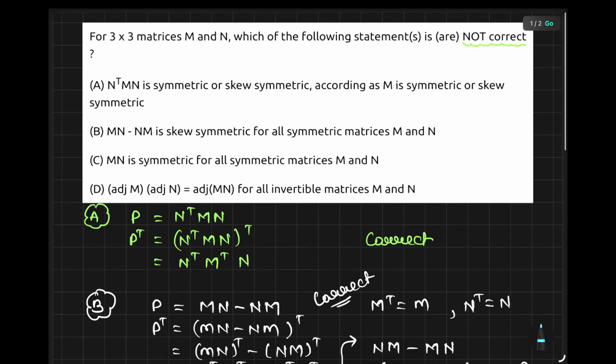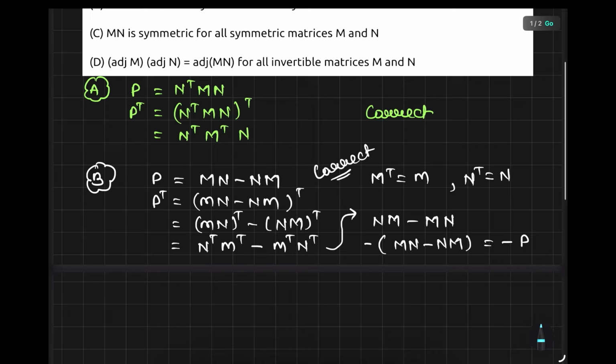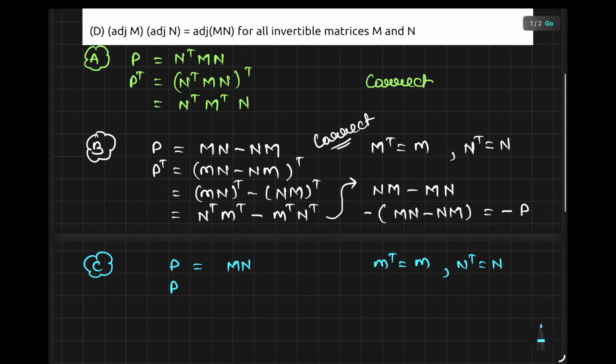MN is symmetric for all symmetric matrices M and N. So suppose this is P. We have to prove it, and they are saying it holds for all symmetric M and N. So M transpose is M, N transpose is N. We have to check whether this is symmetric or not, so we will take transpose both sides. MN transpose: while in a product the sign changes, so it is N transpose M transpose. So it is NM. So P transpose is this.